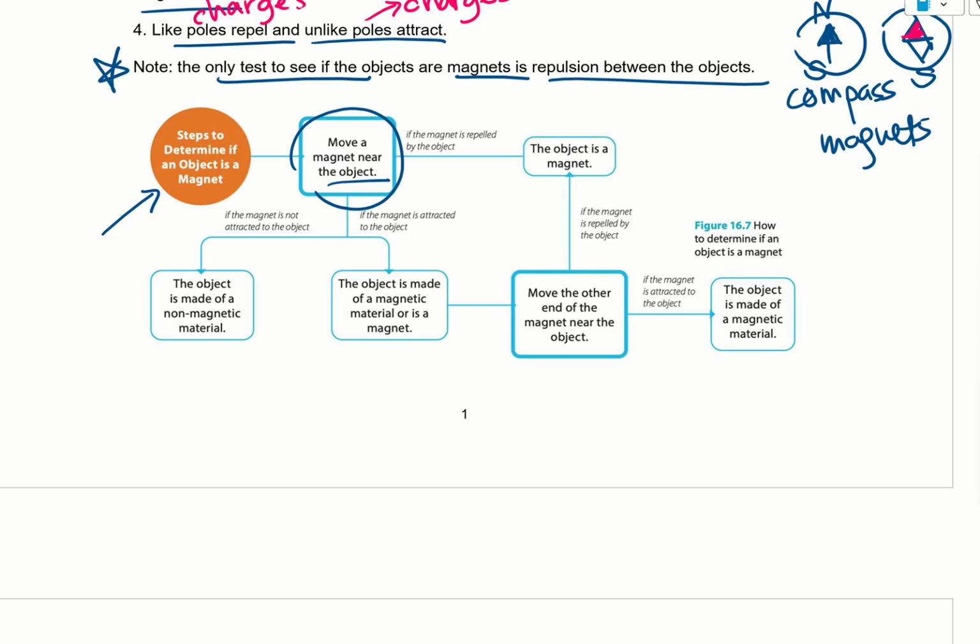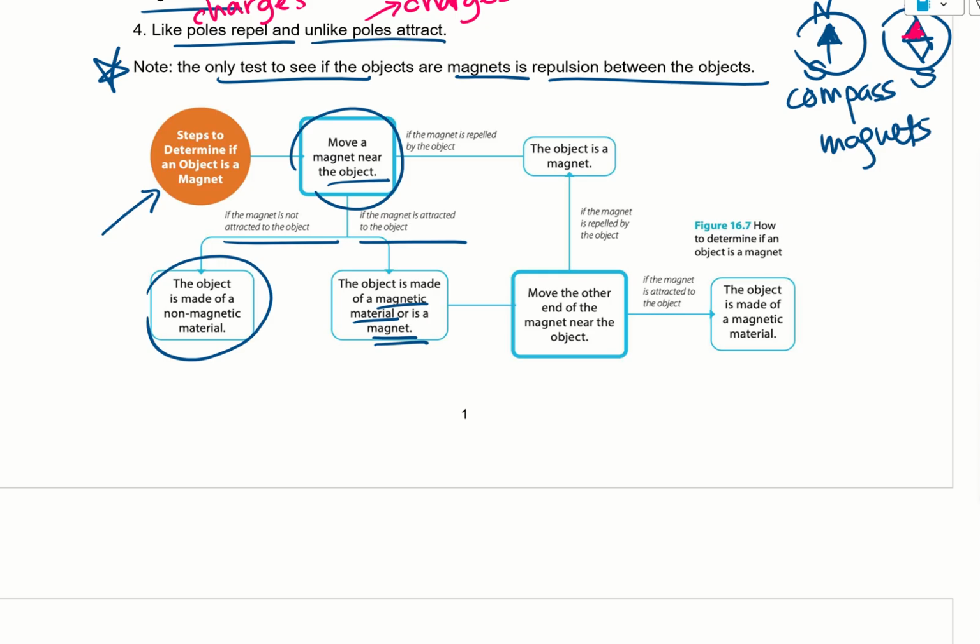If the magnet is not attracted to it, then it is confirmed a non-magnetic material, which means it's not made of iron, steel, cobalt, or nickel. If it's attracted to it, it can either be a magnetic material or a magnet. So attraction can't tell us whether something is a magnet or a magnetic material.